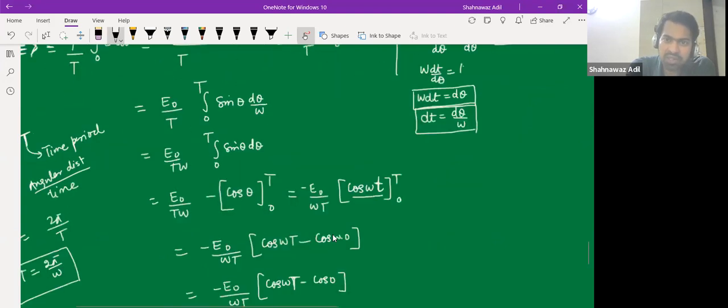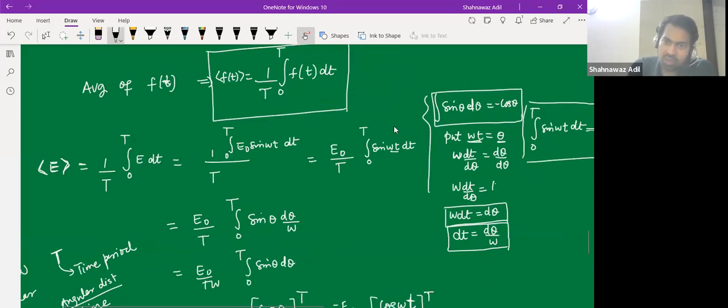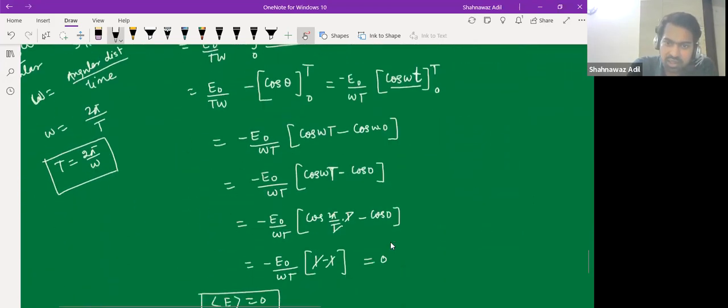What you do in this integration, you have to be careful. First you put omega t equal to theta, right? And then you differentiate and then you put the value of dt in here. So this will be changed, and then this would be sine theta d theta. And you know the integral. So after that you integrate and then you'll get this value.